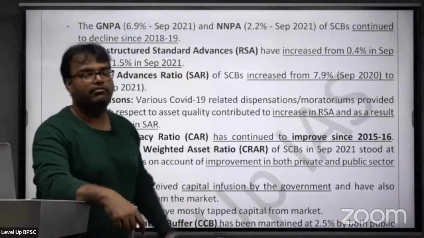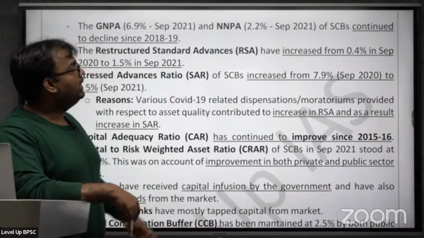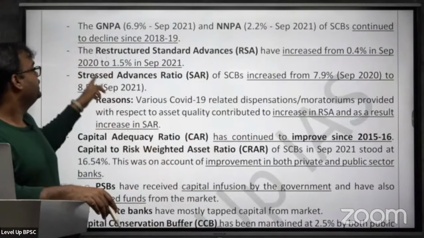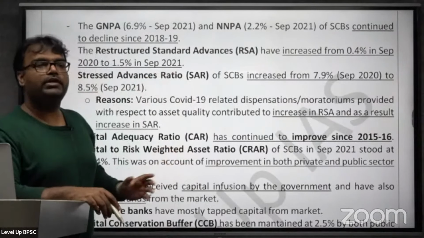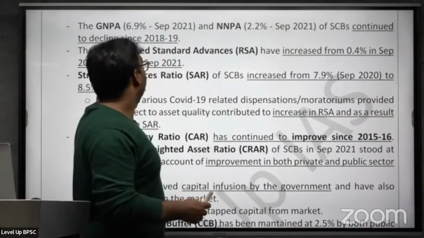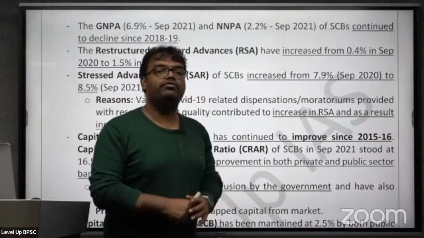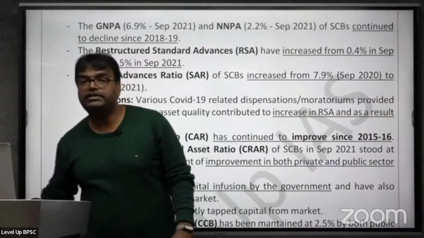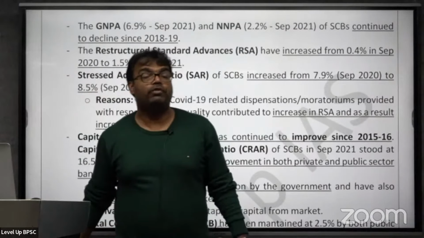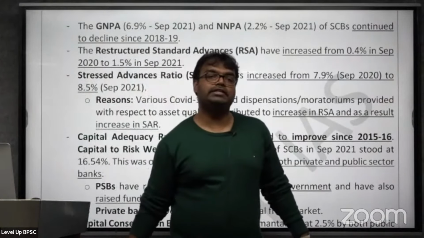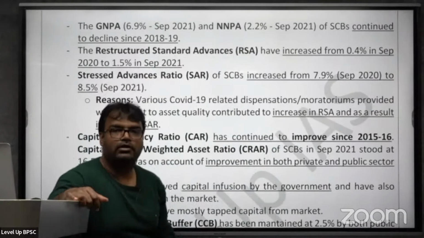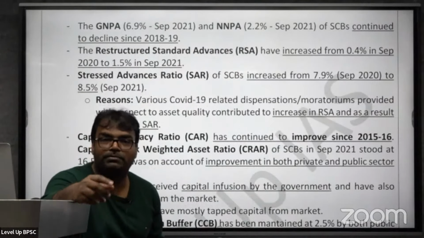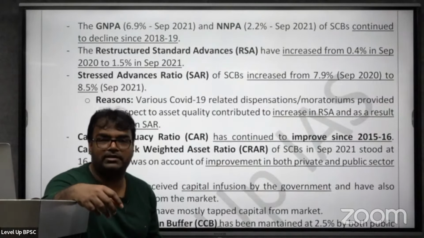So here, restructured standard advances are such loans, and they have increased from 0.4% in 2020 to 1.5% in 2021 September. In 1 year, restructured standard advances have gone up. That is, restructured loans have gone up. Why? Because of COVID-19. Because of COVID-19, a lot of businesses were not able to pay their EMIs back in a timely manner.